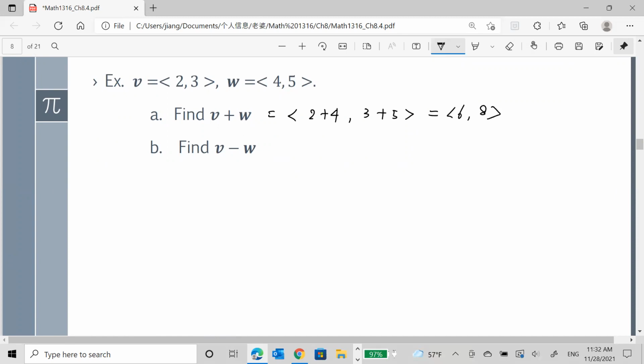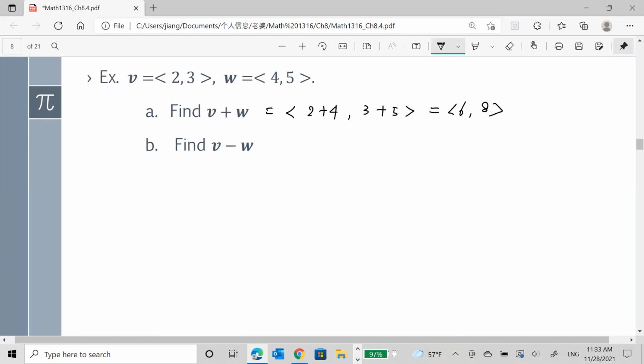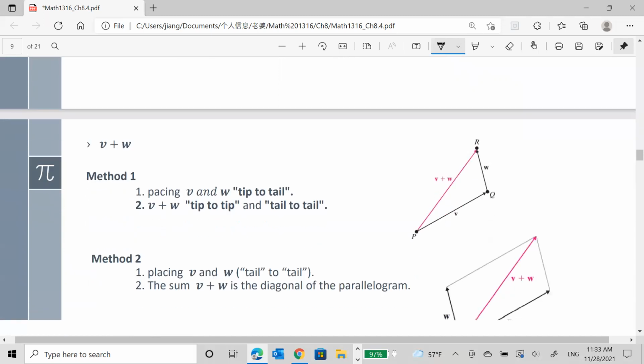Second, V minus W: 2 minus 4, 3 minus 5. That's negative 2, negative 2. Okay, this one is an easy one.